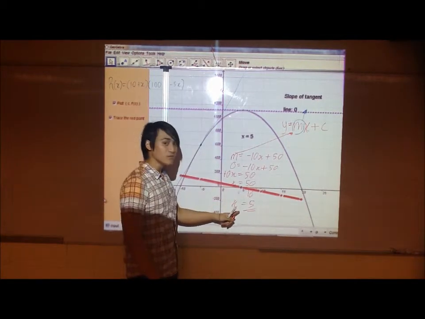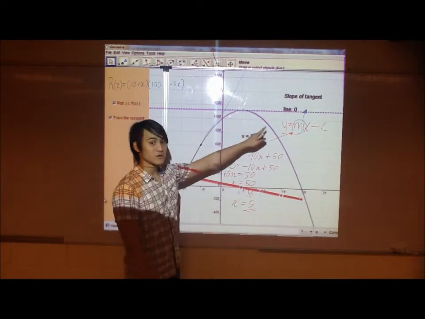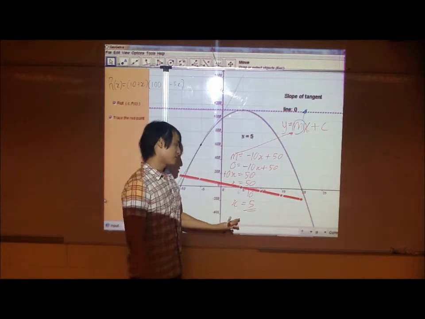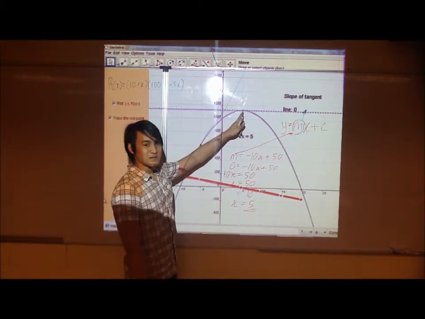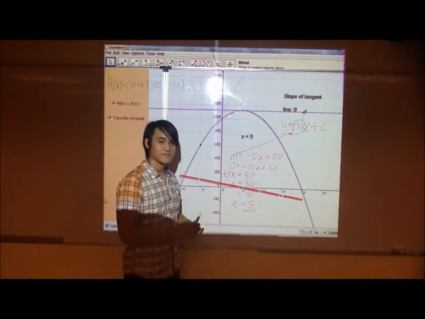Okay, we now know that when the slope of tangent is 0, the value of x is 5. So this shows that the maximum is at x equals 5.